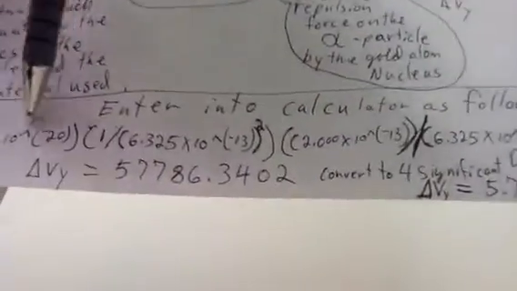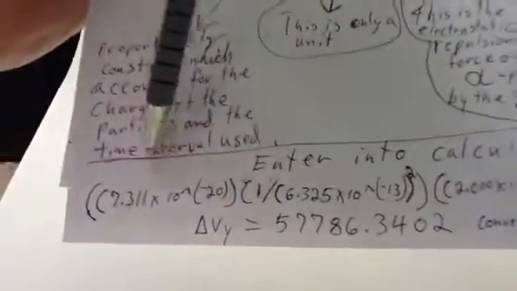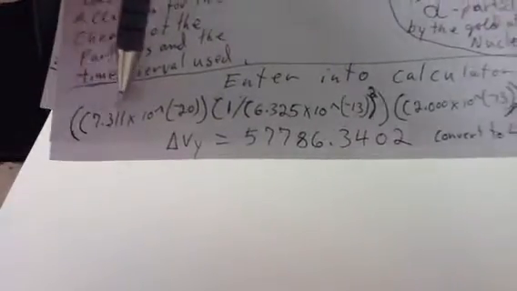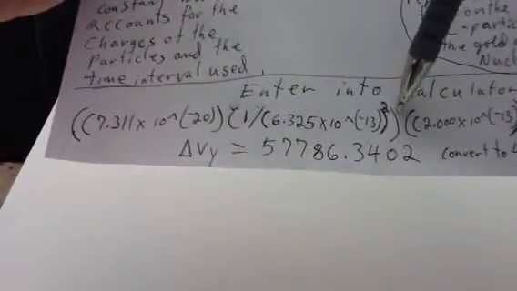So down here, this formula is how you put it in your calculator. Make sure you use parentheses. There's a parentheses that starts here and ends all the way down there.